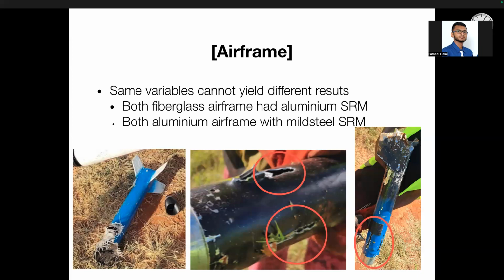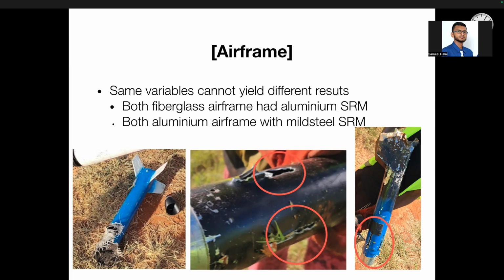For airframe, this was pointed out by Major Were, that the first 2 rockets had a fiberglass airframe with an aluminum solid motor, and the last 2 rockets had an aluminum airframe with a mild steel SRM. The point was that if we don't have a different variable, we cannot expect different results.